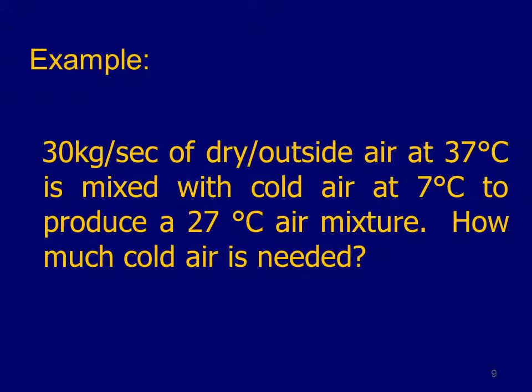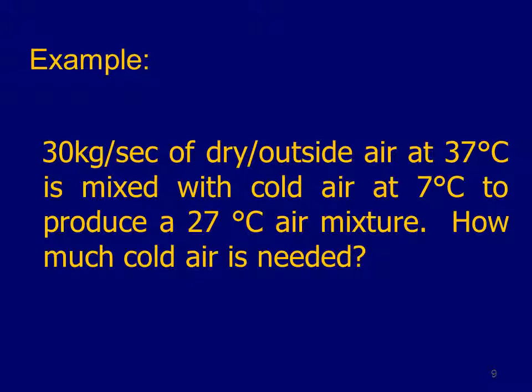Let's get an example. 30 kilograms of dry outside air at 37 degrees C, hot air, is mixed with cold air at 7 degrees C to produce 27 degrees C air mixture.